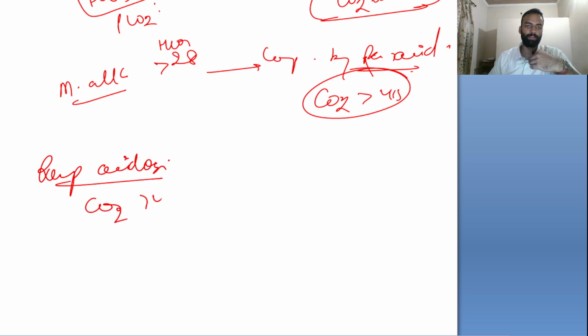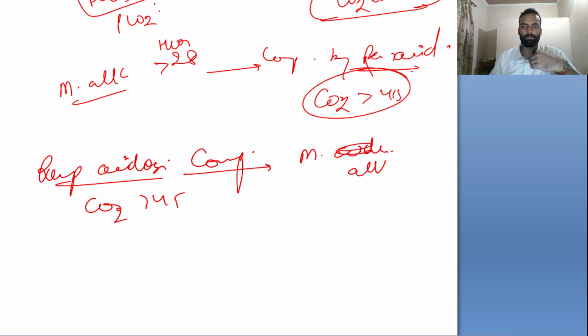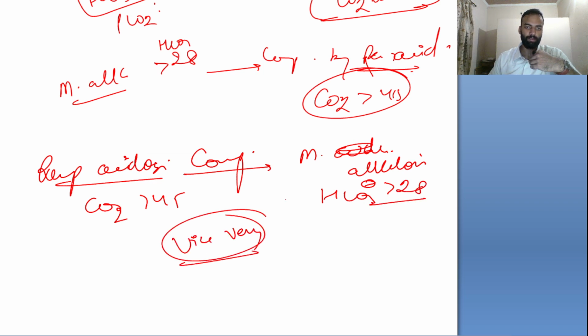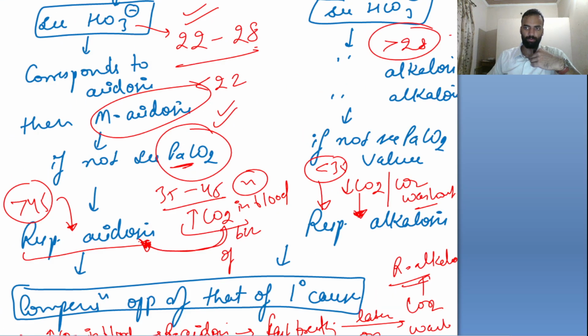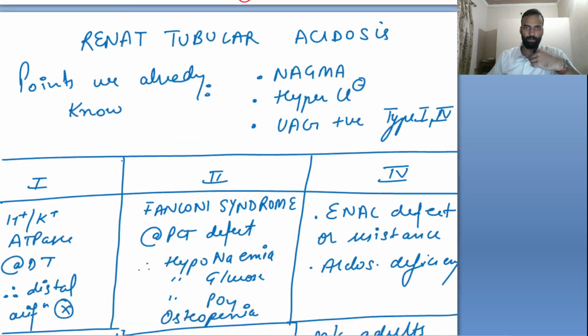CO2 is already more than 45, and now compensation will be by metabolic alkalosis, that is, bicarbonate would be more than 28, and vice versa. Okay. So now you have understood this, and I will move to RTA, renal tubular acidosis.